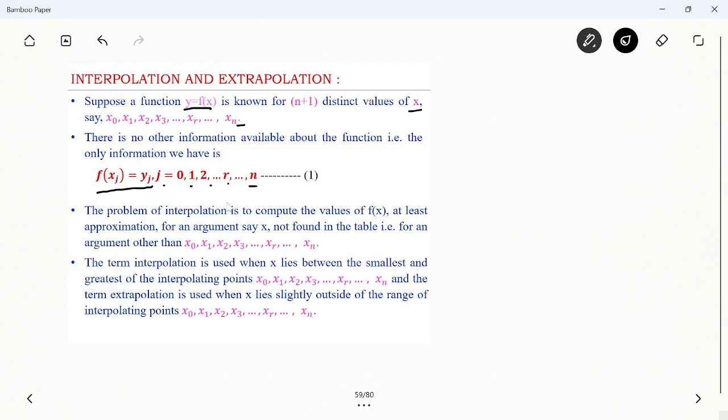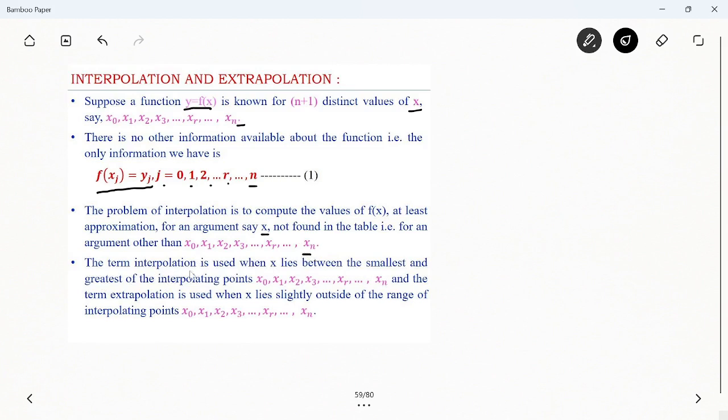The problem of interpolation is to compute the values of f(x), at least approximately, for an argument x not found in the table. That is, for an argument other than x0, x1, x2, x3 up to xn.